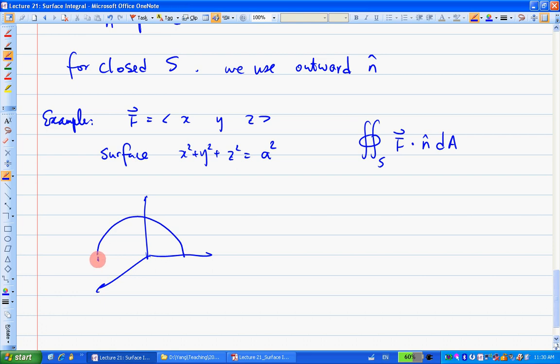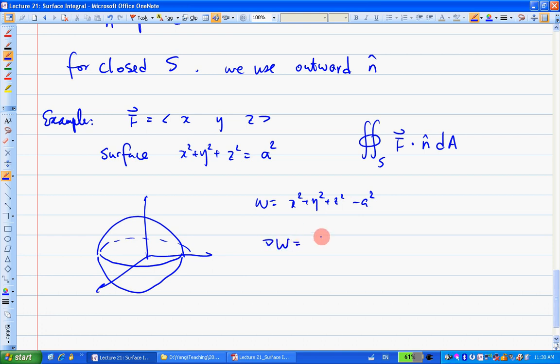First, what is the gradient? Let me define W equal to x squared plus y squared plus z squared.